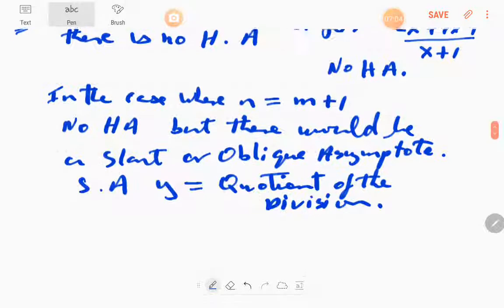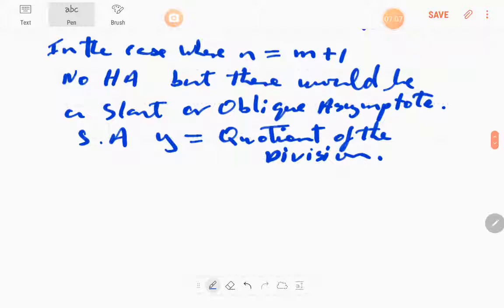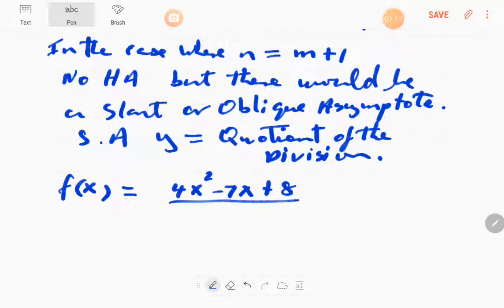So let's look at an example. Suppose I had f(x) equal to 4x squared minus 7x plus 8 divided by x plus 1.